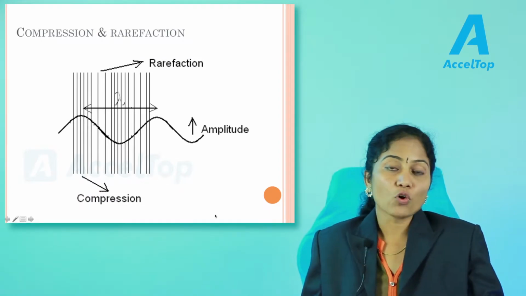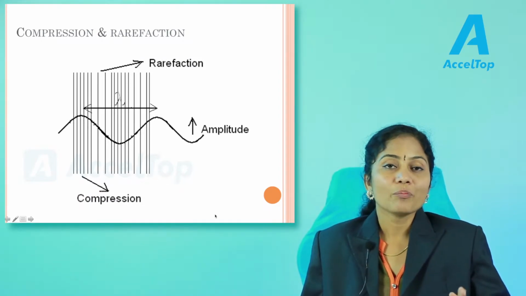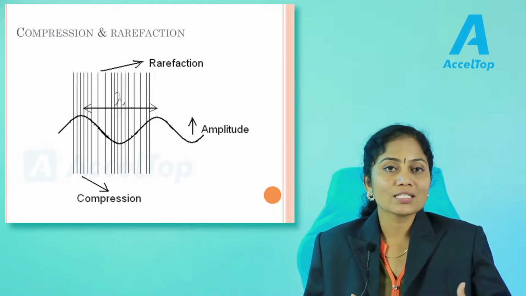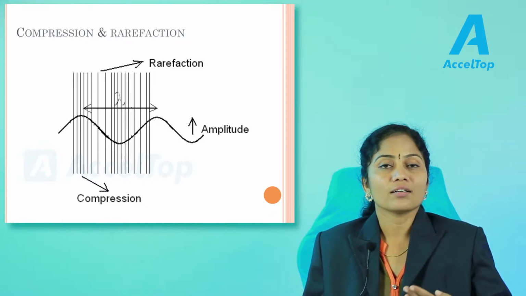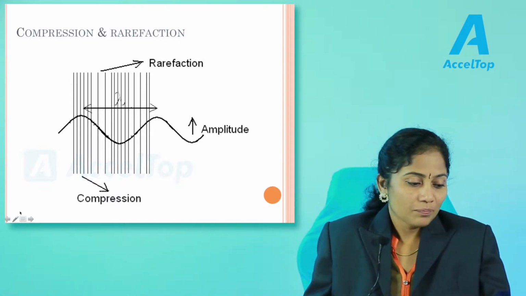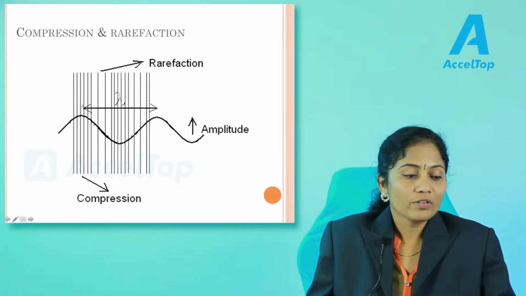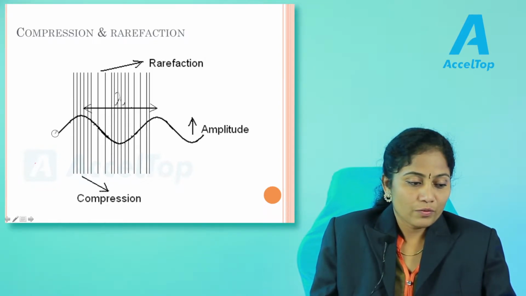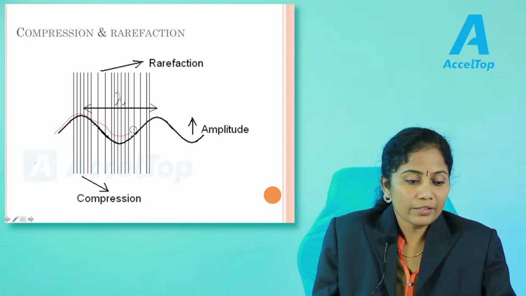I want you to know certain basic physics terms to understand ultrasonography and the related applications better. Here you can see the sound wave, this is the waveform, and these are the compressions, and this area is the rarefaction.